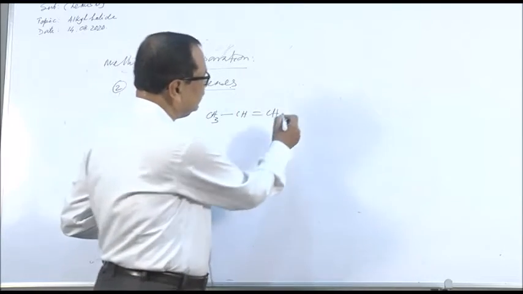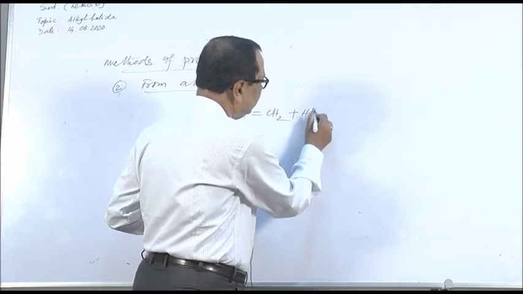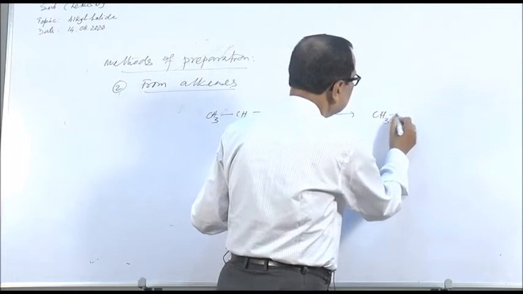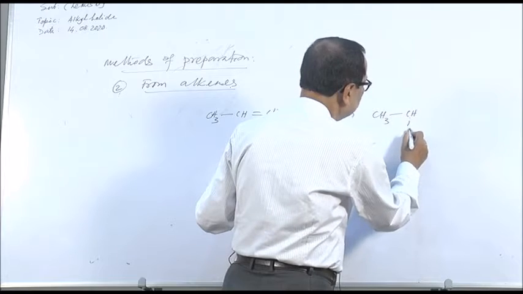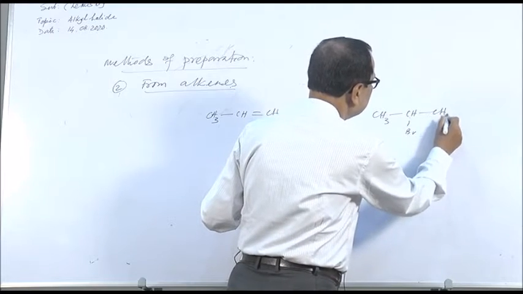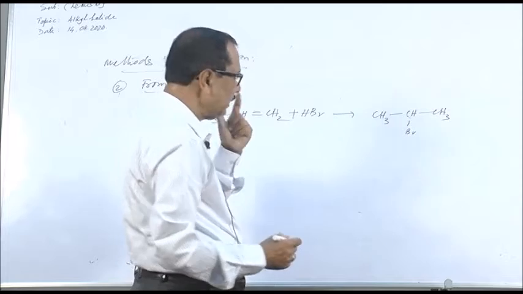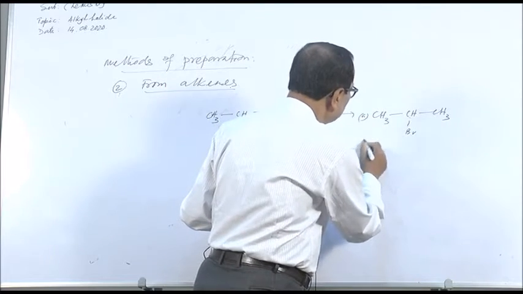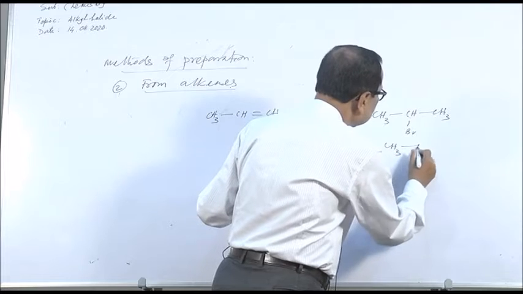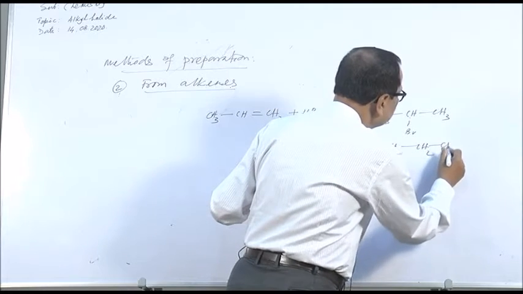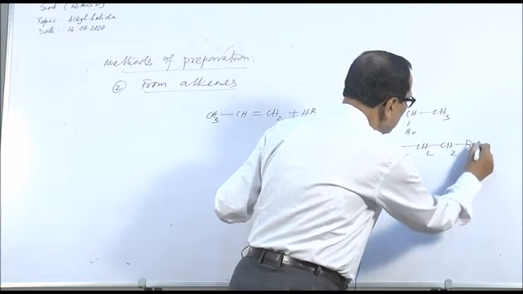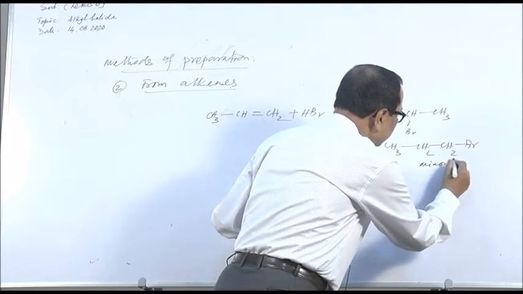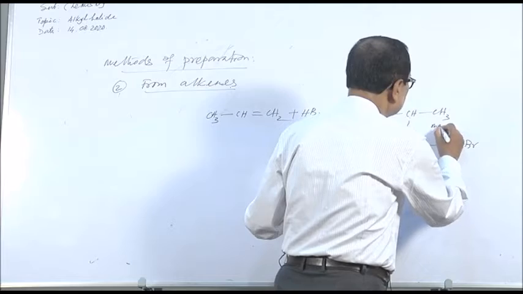When you are adding it to HBr, the product formed will be CH3CHBrCH3, and another one will be formed, CH3CH2CH2Br. So this will be a minor product, and this will be a major product.